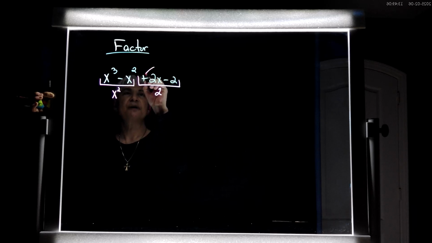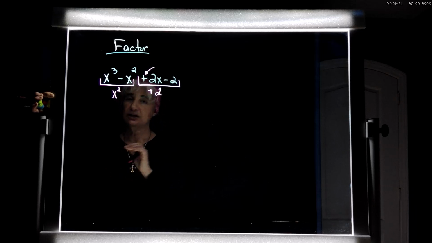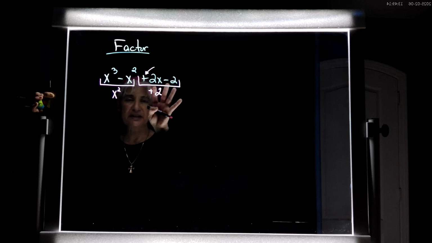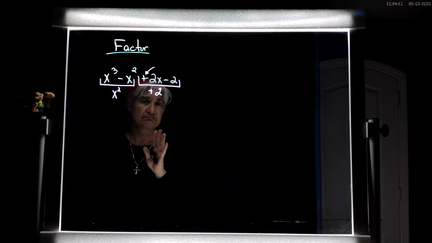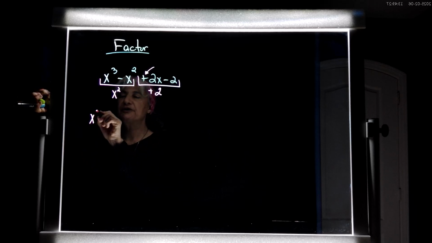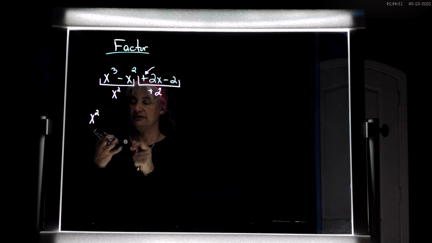The first term is positive, so I'm taking out a positive. Got it? That's always the case. That's why it's important when you pair the second group that the sign goes with it, because it tells you what sign is factoring out.